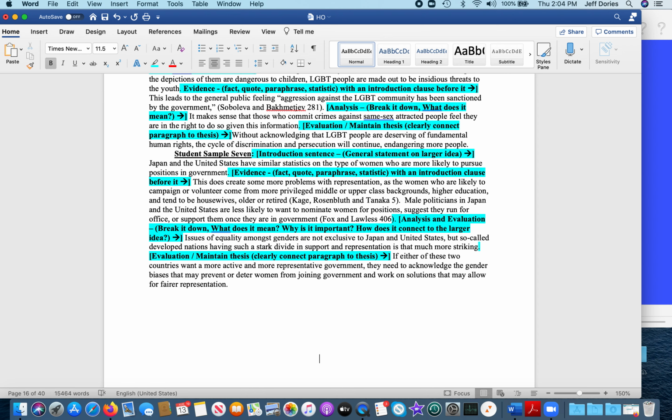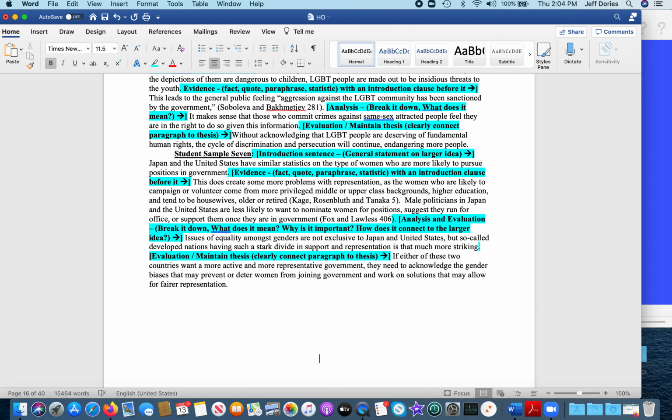Male politicians in Japan and the United States are less likely to want to nominate women for positions, suggest they run for office, or support them once they're in government." Okay, so clear evidence in paraphrase format. Matter of fact, I think if I remember right, she had some quotes and they were too long, so we had to change them to paraphrases to make it more condensed.